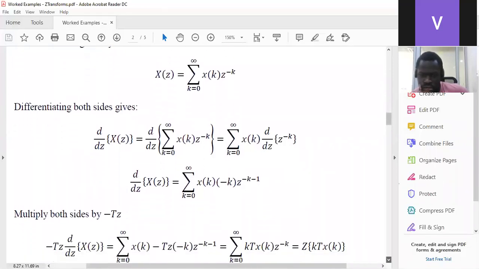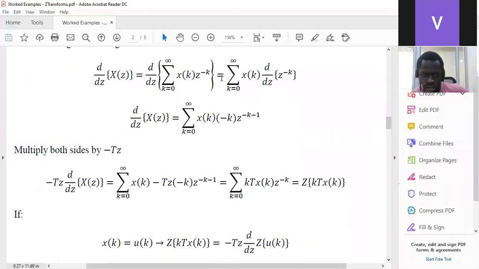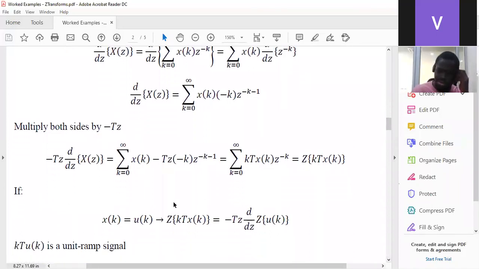The next thing, we are multiplying by minus tz. Somebody has the question, why are we multiplying by minus tz? Let's just do it first, then I will tell you the reason. But okay, let me just tell you the reason. When you multiply minus tz with the differentiation of the z transform of the unit step, you are going to get the unit ramp.